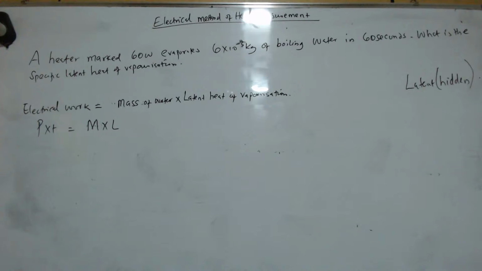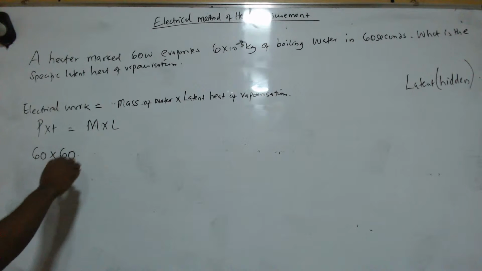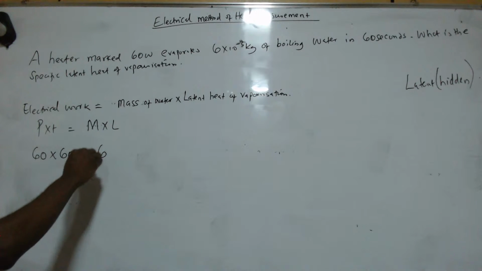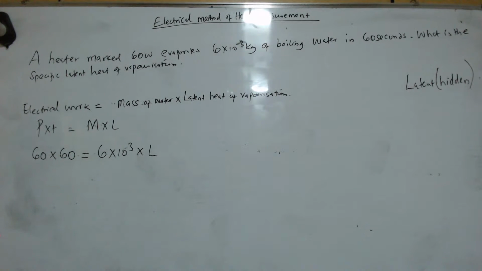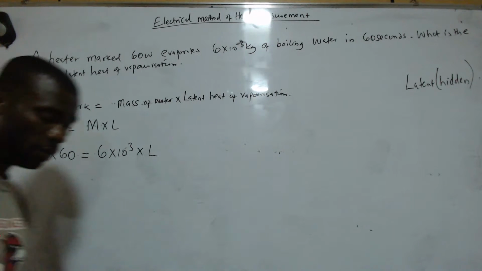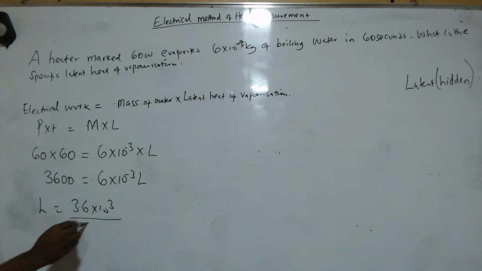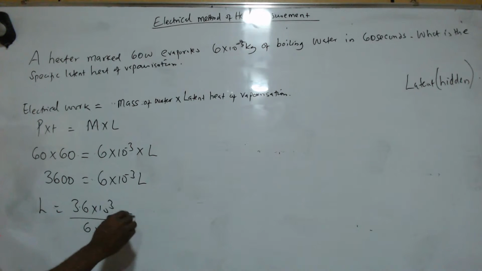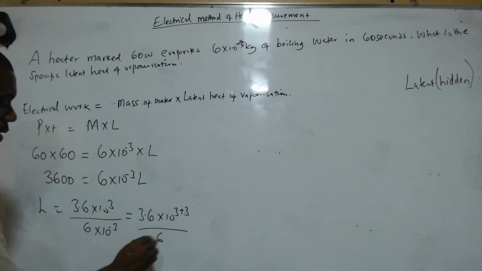And from our parameters, power was given to us as 60 watts, multiplied by our time, which was 60, equal to mass, which is 6 times 10 to the power minus 3, multiplied by L, which is latent heat of vaporization. So this will give us 3600 over 6 times 10 to the power minus 3. This one will go up. We'll now have 3.6 times 10 to the power 3 plus 3 all over 6.